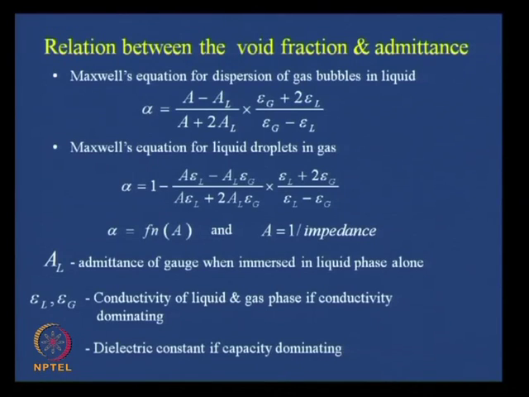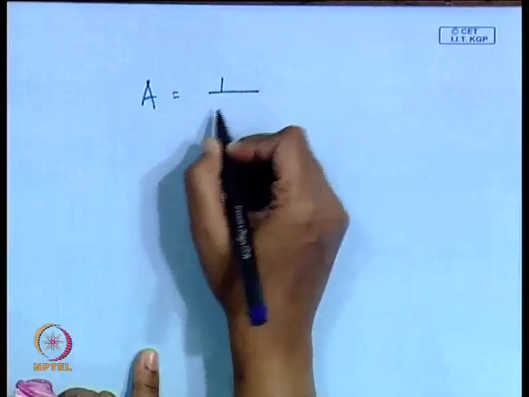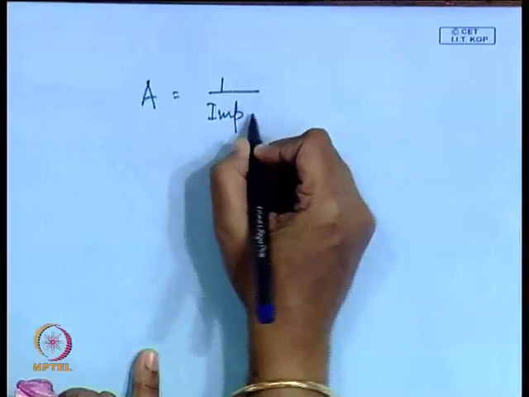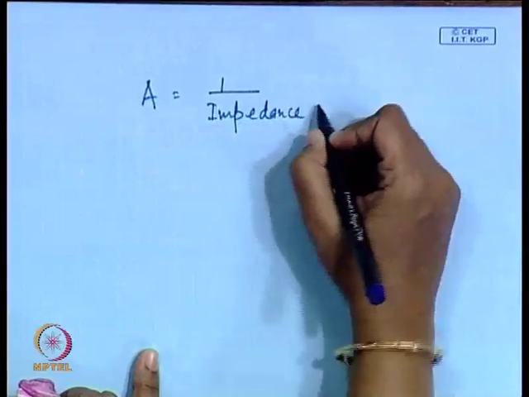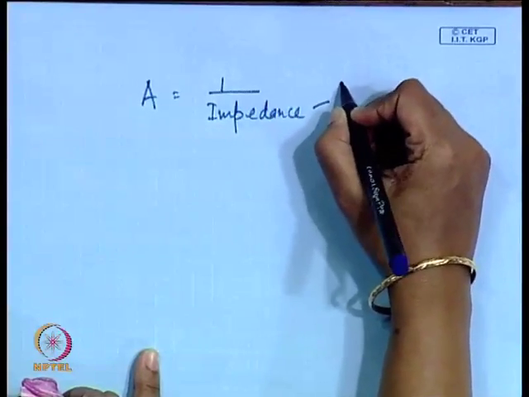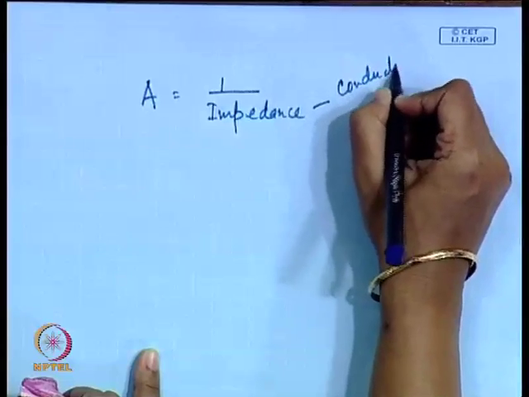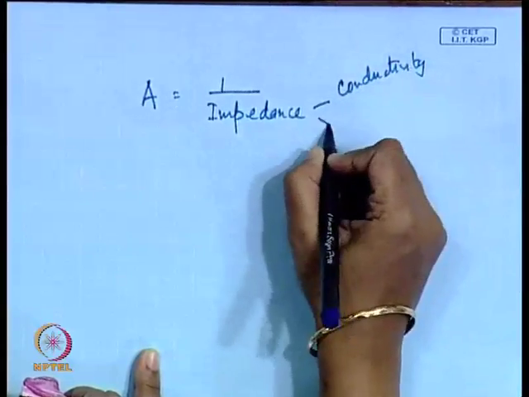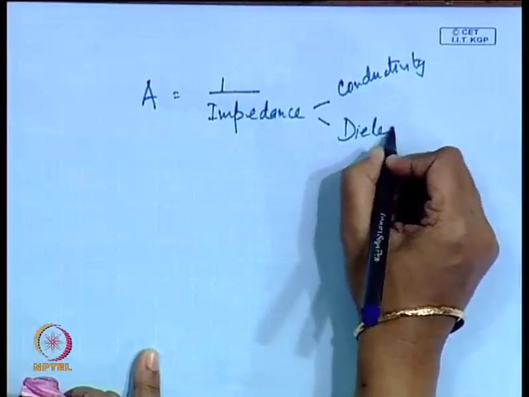This I believe you already know. Admittance A is equal to 1 by impedance, where this impedance can be conductivity or it can be dielectric constant.